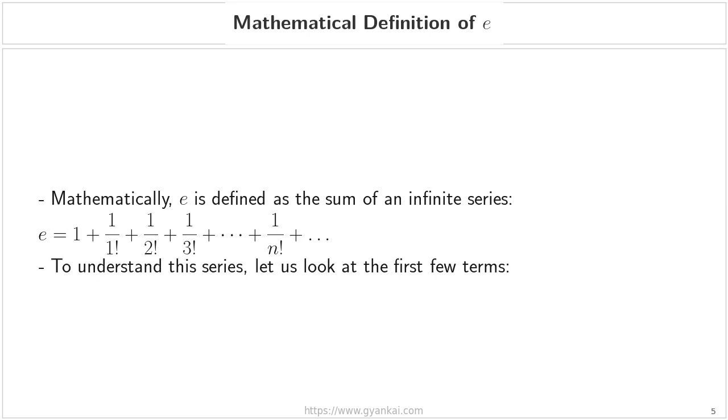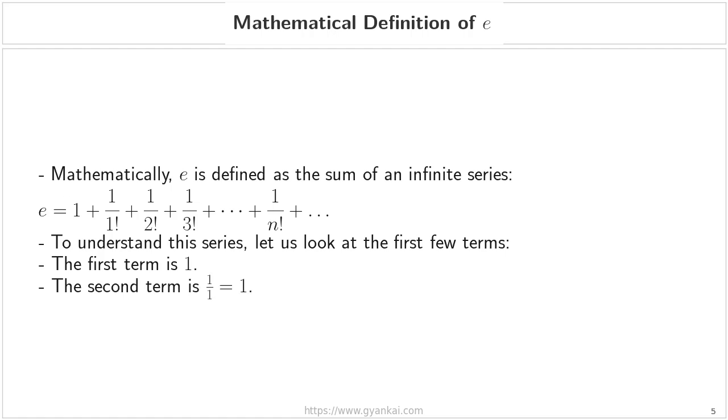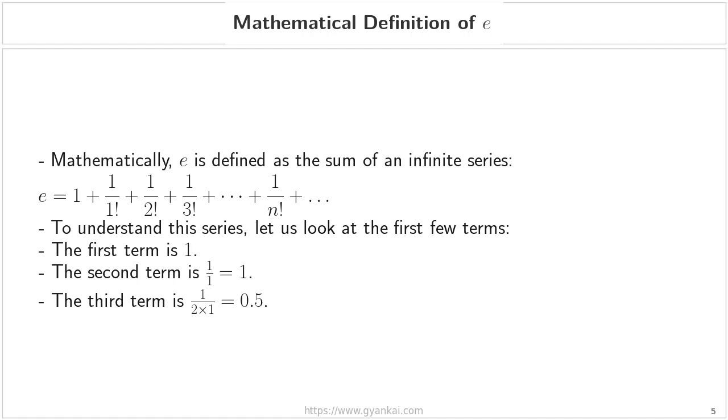To help you better understand how this series works, let us calculate the first few terms. The first term is simply 1. The second term is 1 divided by 1 factorial, which equals 1. The third term is 1 divided by 2 factorial, which is 2 times 1, resulting in 0.5.